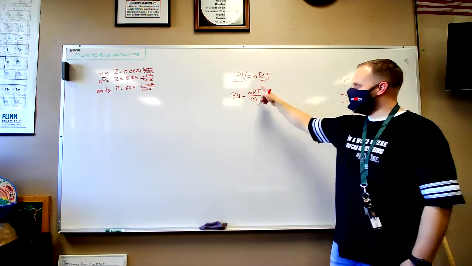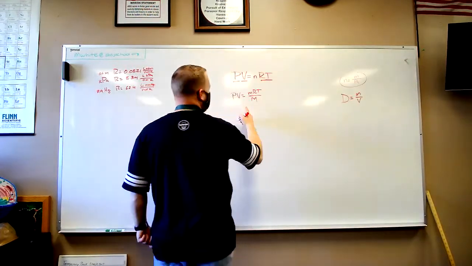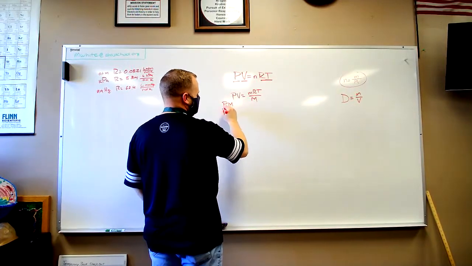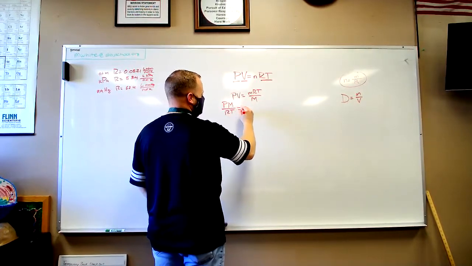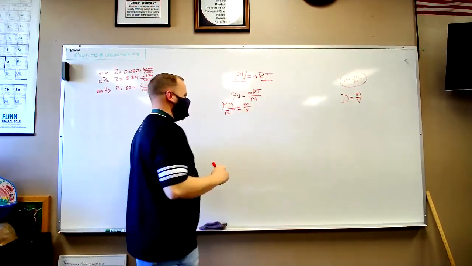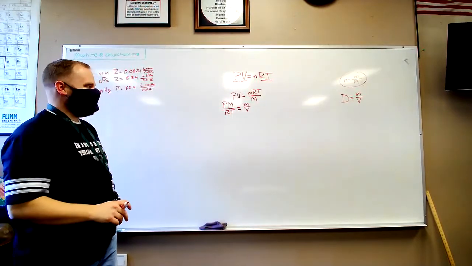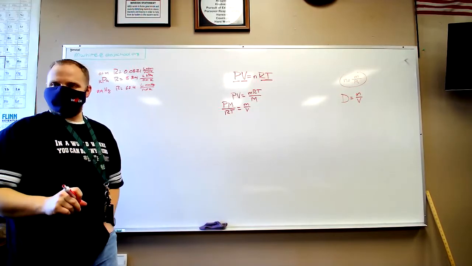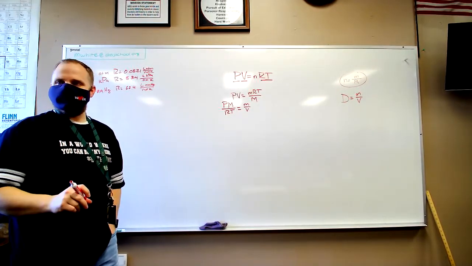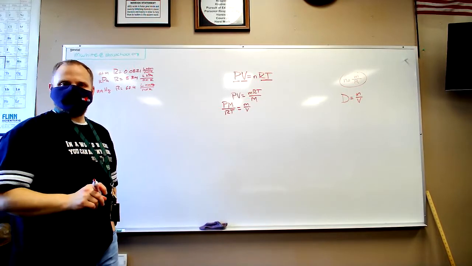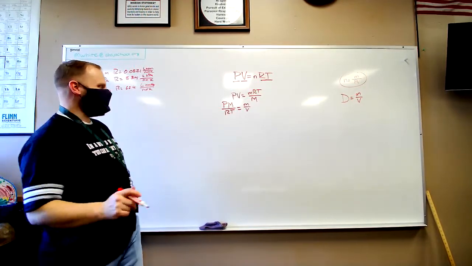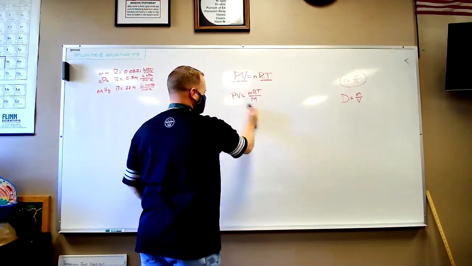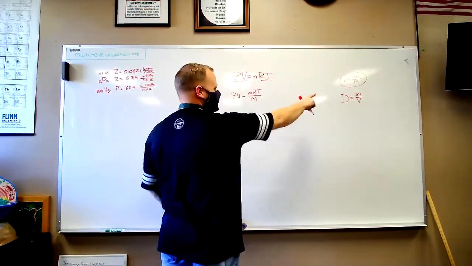Now we can rearrange this right here. Does everyone see what I did? Does that make sense algebraically? Here, I'll show you. I want to rearrange to get mass over volume.